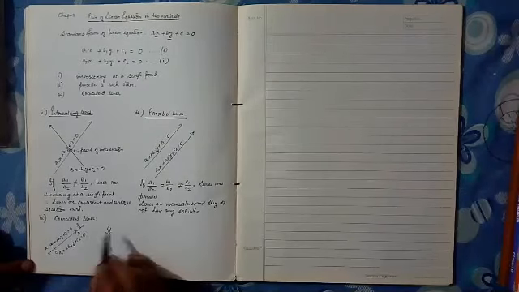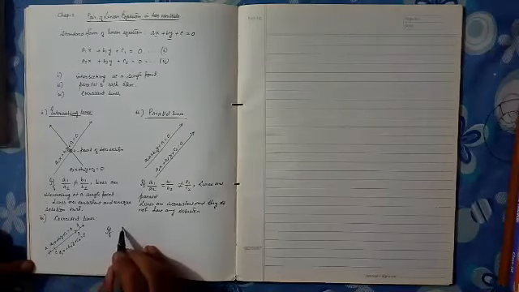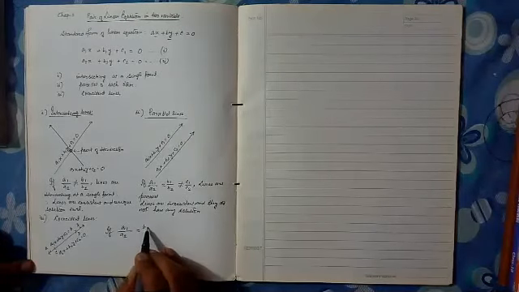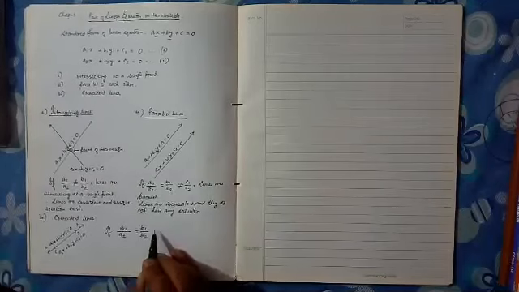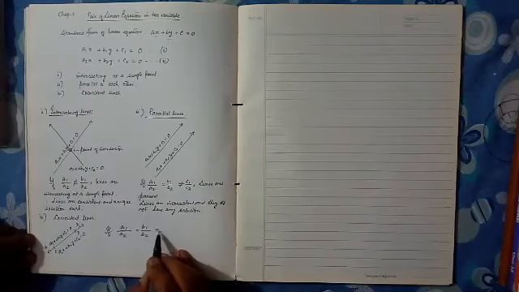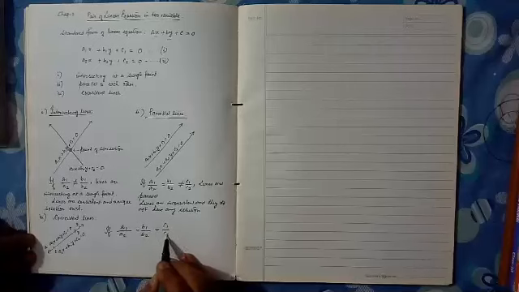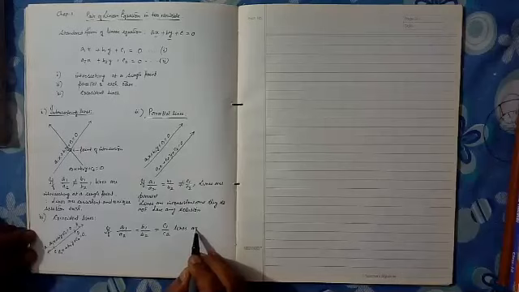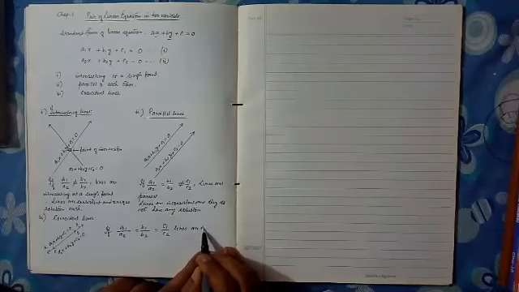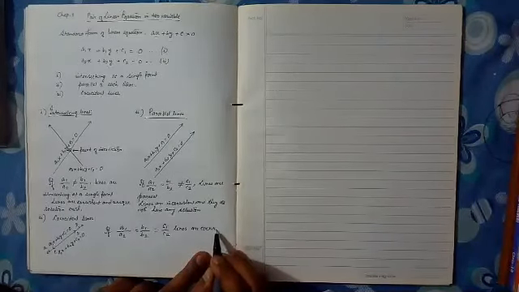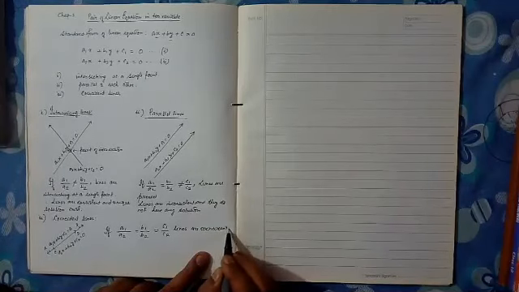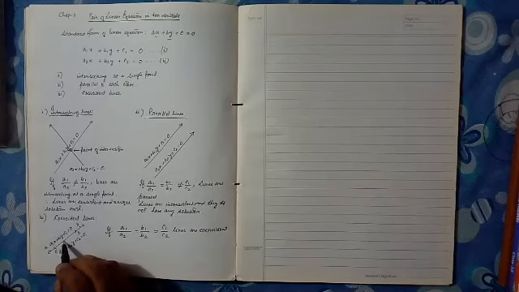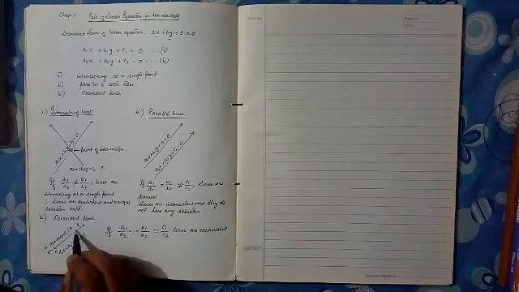Then if A1 by A2 is equal to B1 by B2 is equal to C1 by C2, lines are coincident. So coincident means they intersect each other at so many points.